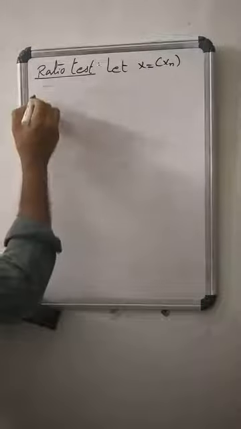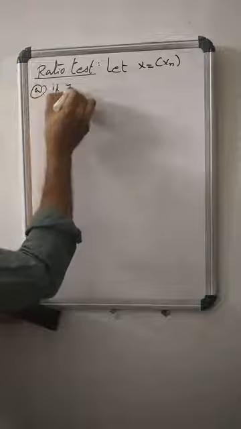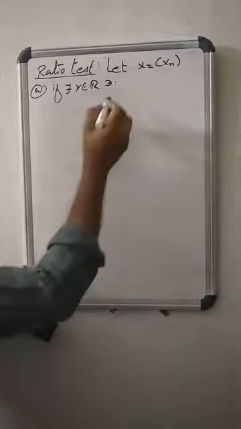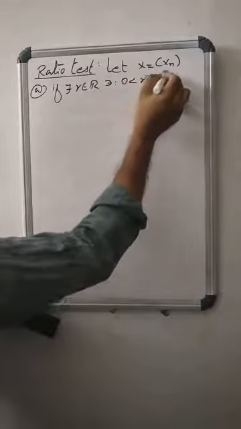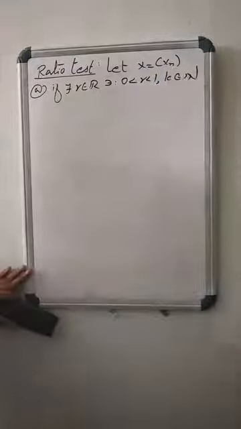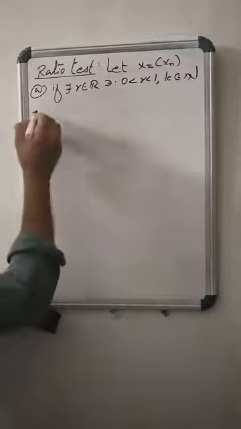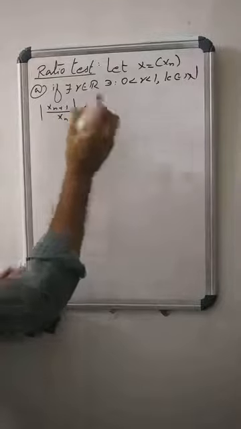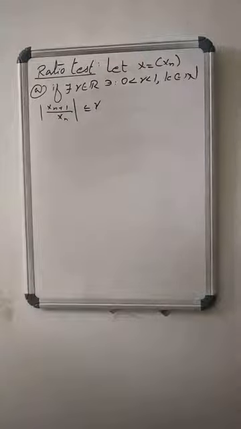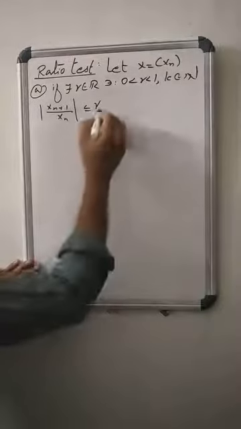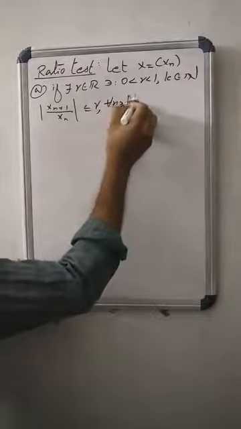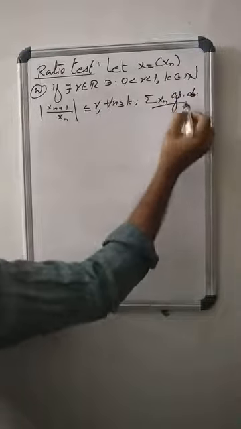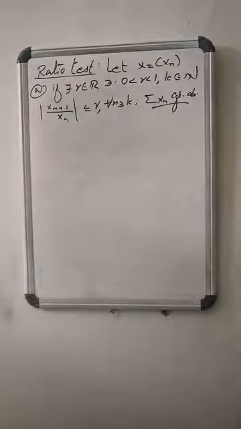If there exists a real number r such that 0 < r < 1, and k is any natural number, then if modulus of xn+1 by xn is less than or equals r for all n greater than or equals k, then sigma xn converges absolutely.